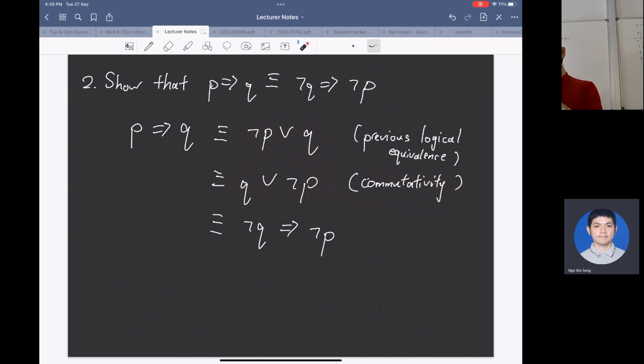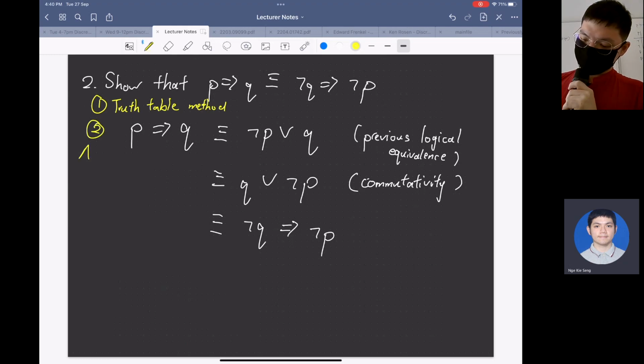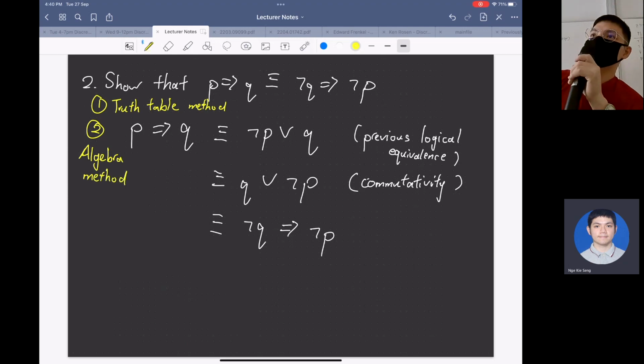After I swap, I use the same previous logical equivalence and then turn it back to the implication. Make sense? So first you can try the truth table method, second you can try the algebra method. Both methods you can use.